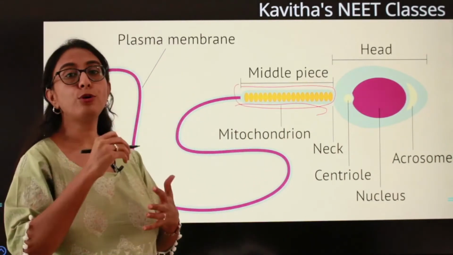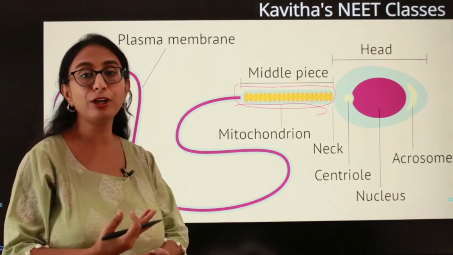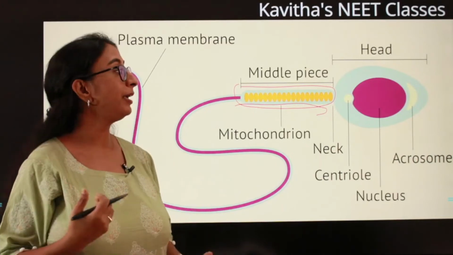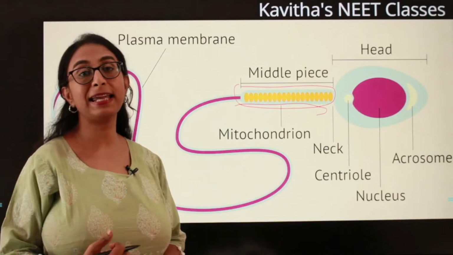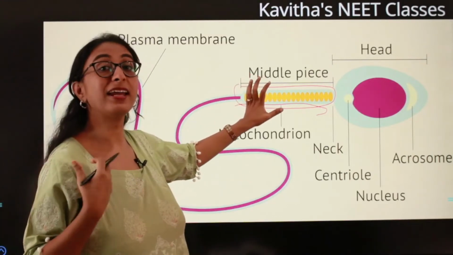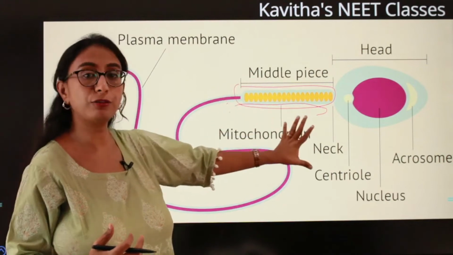You might get 4 options saying the middle piece is responsible for locomotion or movement of the sperm, and the second option might be that it has nuclear proteolytic enzymes, and so on. Whereas the right answer is the middle piece gives energy because it has mitochondria. It provides energy for the movement of the sperm.